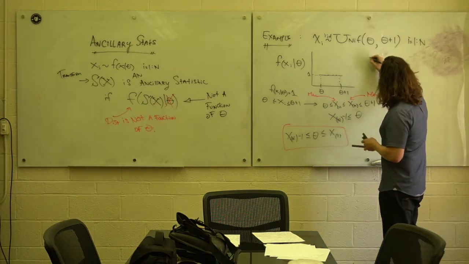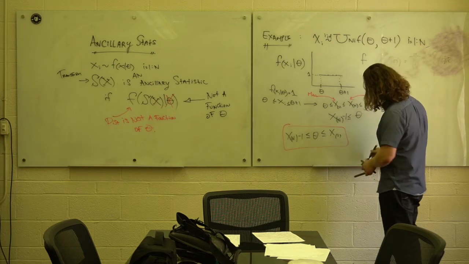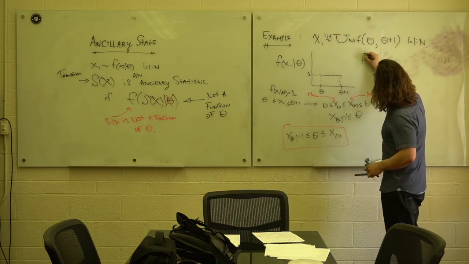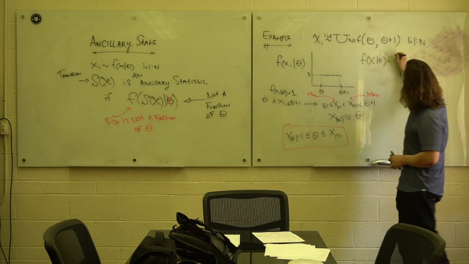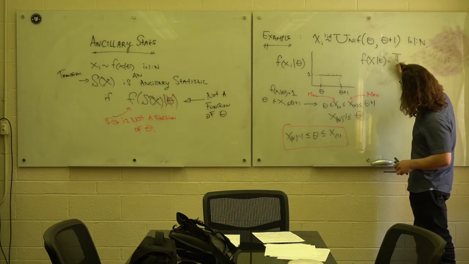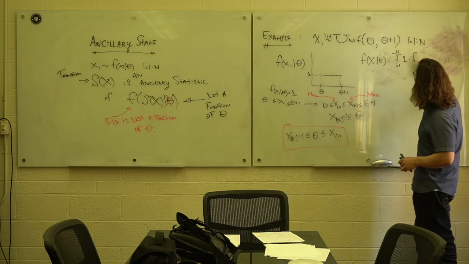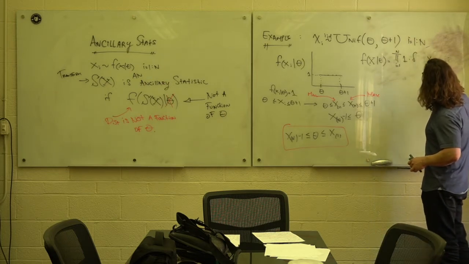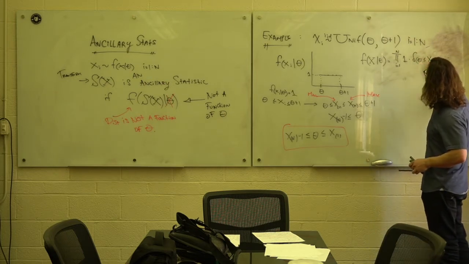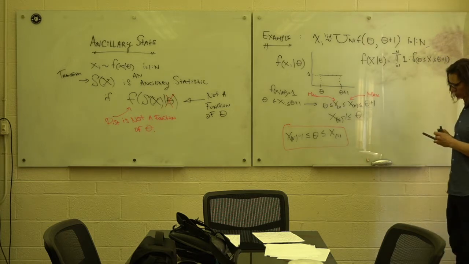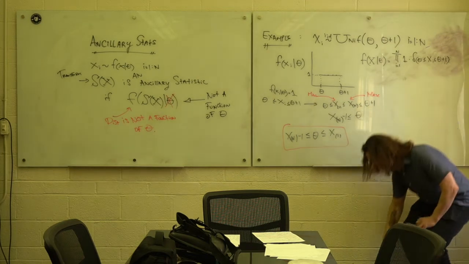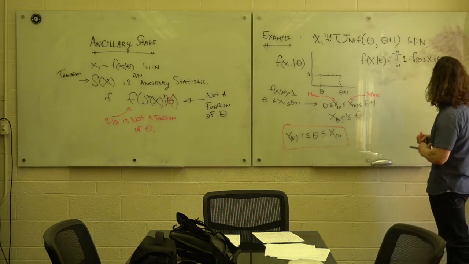Okay, so f of x given theta is going to be equal to the product, i goes from 1 to n, 1 times my delta function, that xi is between theta and theta plus 1. So the way you read these delta functions is always the same.